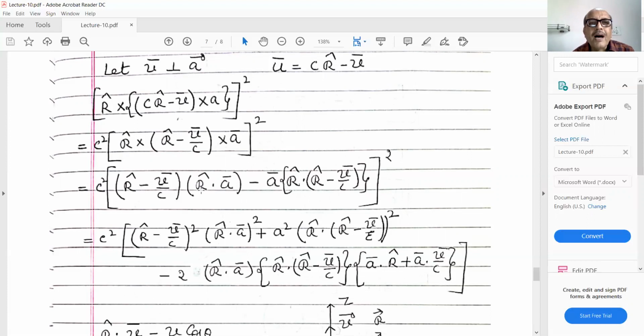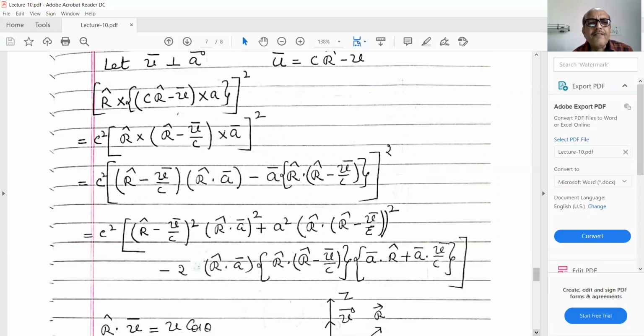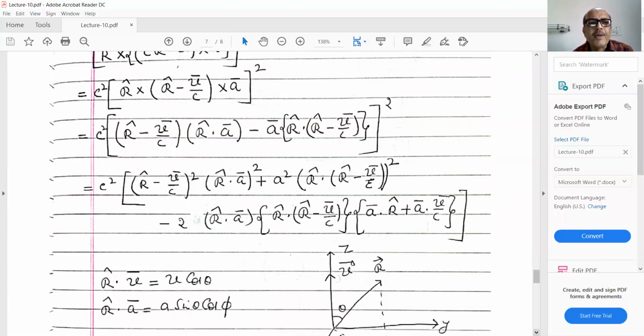So 2 times R·A will come, and then we have basically R cap · R minus B over C, that means this term, and then A·R: this A vector is dotted with R cap, and then this A vector is dotted with −B upon C. So you can see 2 times of A into R cap plus A into B upon C. So this is basically the expression for the square of the numerator.